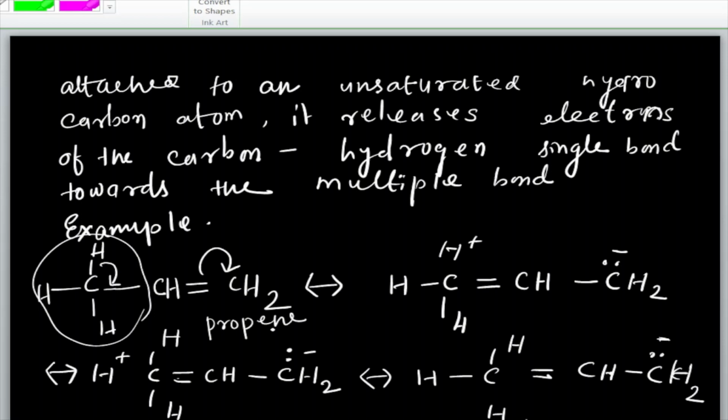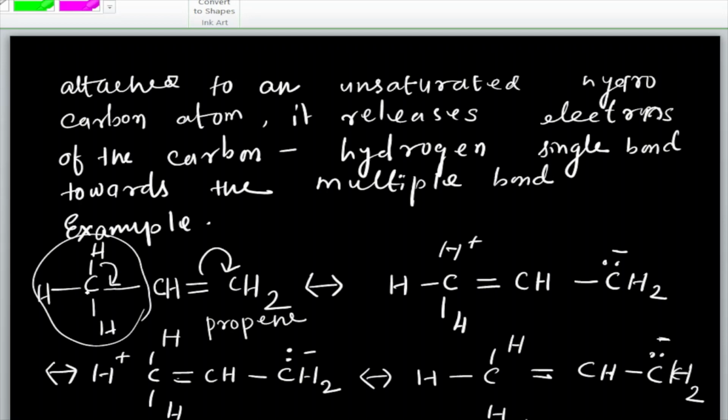Then come to this carbon, which has three hydrogen atoms having sigma bonds. From here the electron can localize, as you can see in this structure, where the electron moves towards it. First this one moving, second this one, third this one.